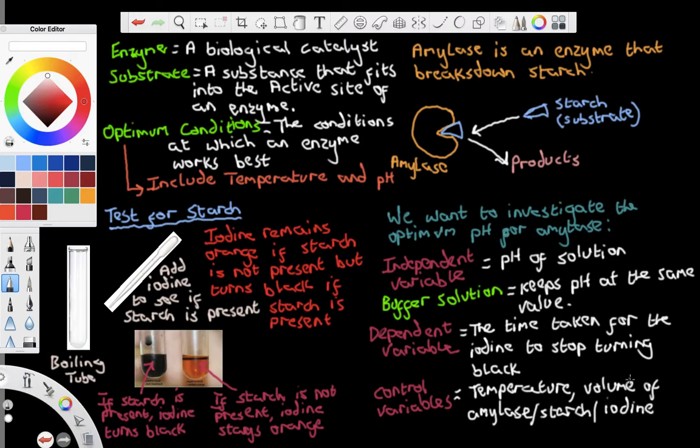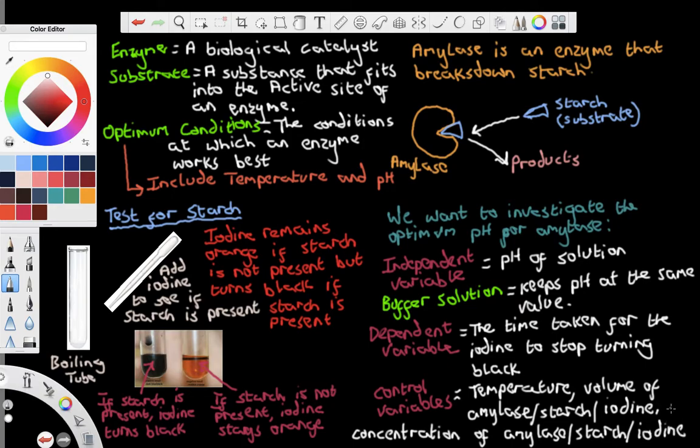And you could also say the concentration of amylase, starch, and iodine. However, I haven't got room, I don't think. I'll try. And the concentration of amylase, starch, iodine.